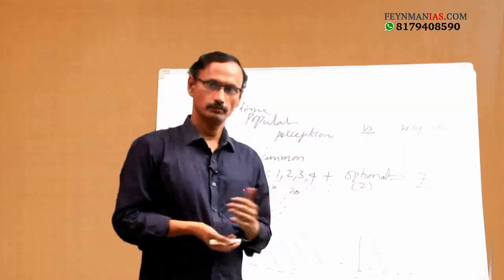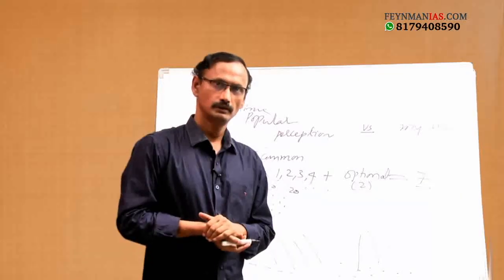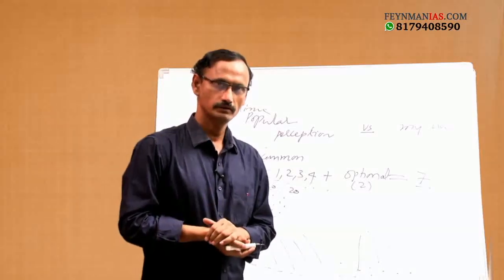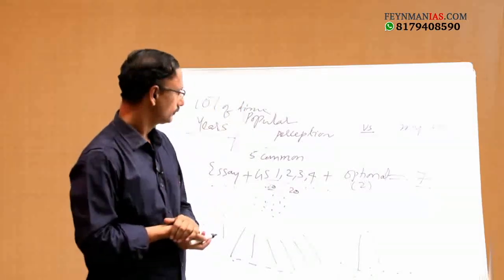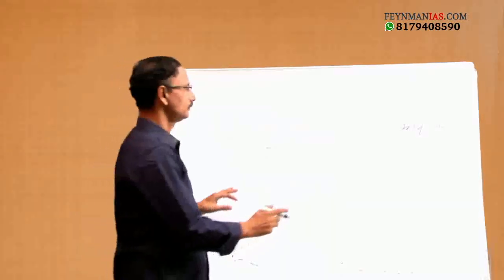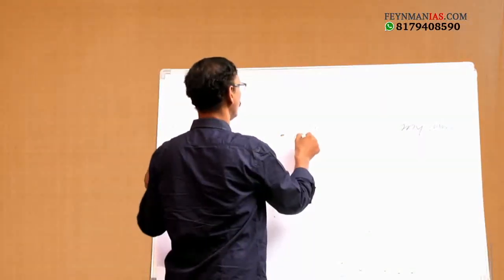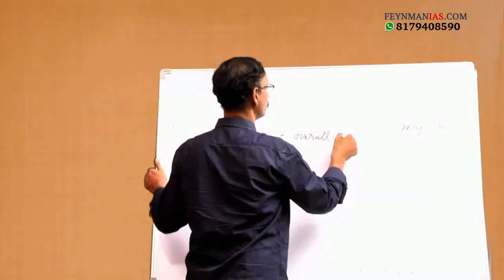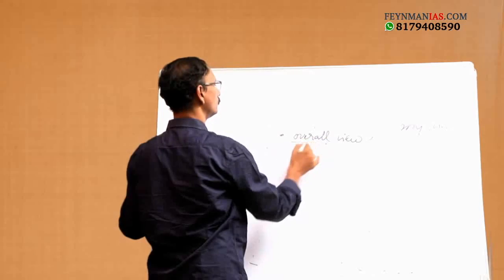I am suggesting an approach that takes less time, and maybe a student can finish the examination within the first attempt. What is that approach? That approach is to have an overall view. You can call it an aerial view.